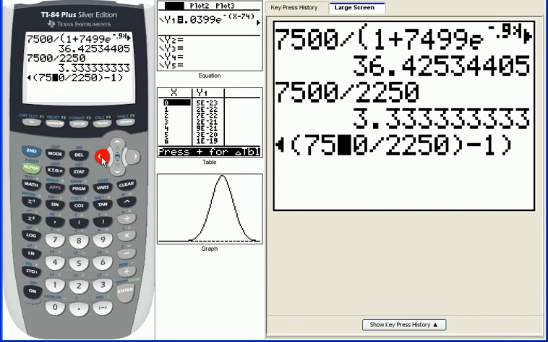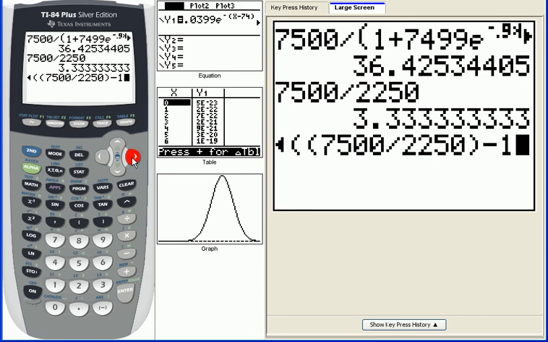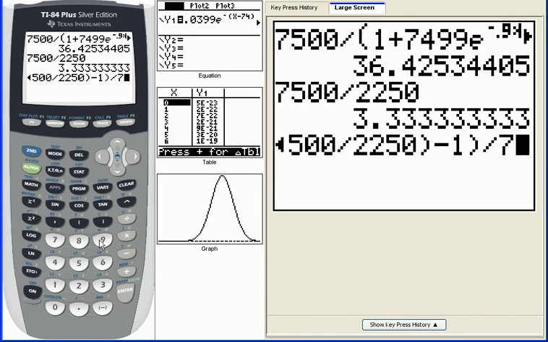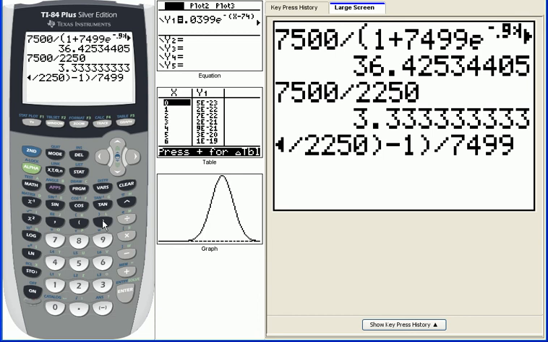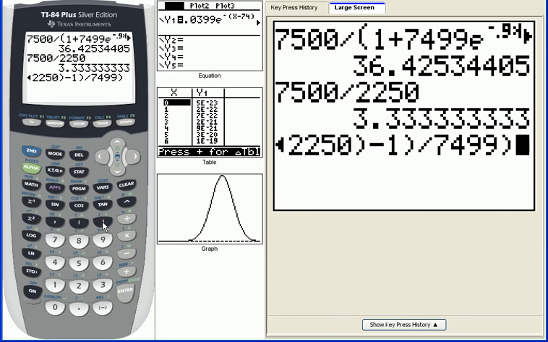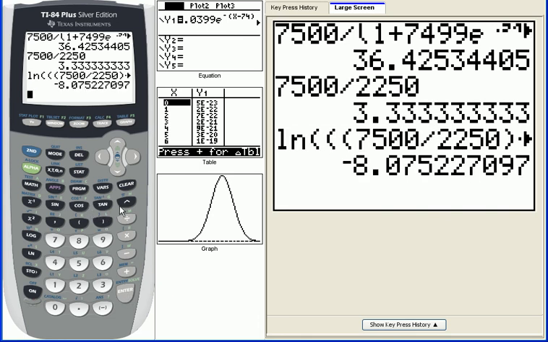And all this has to be divided by 7499, in parentheses, because that's going to find our natural log. And then the entire thing is going to end up getting divided by negative 0.9.